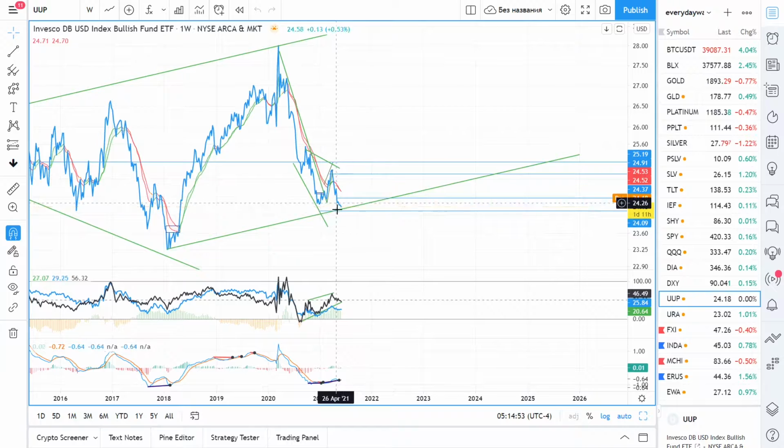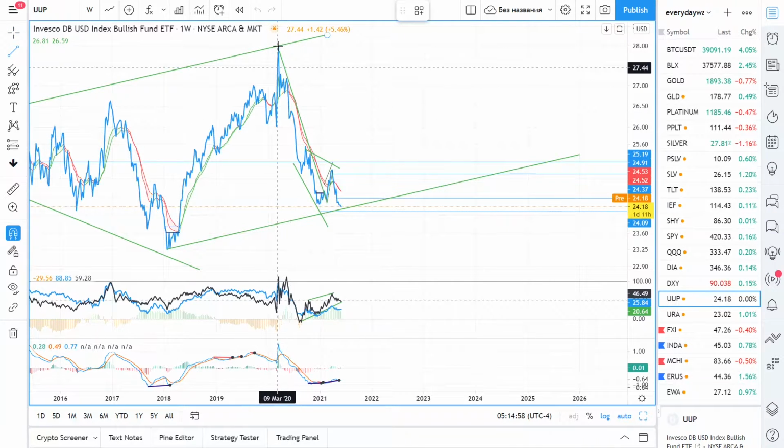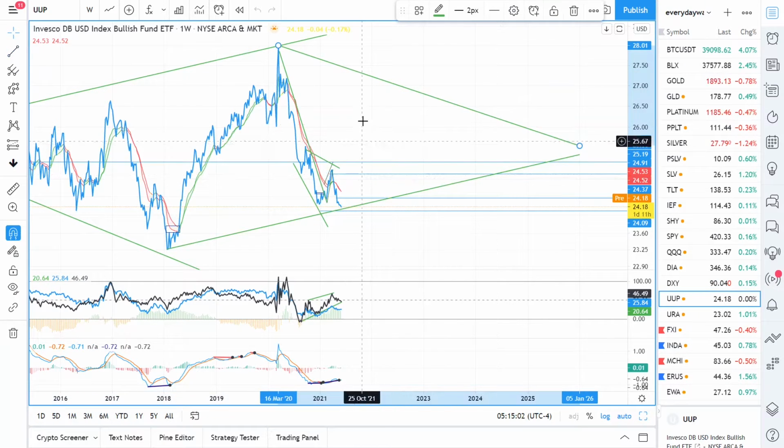The price of the dollar can find some support in the zone or lower, and chop around in such a range and break to the upside.